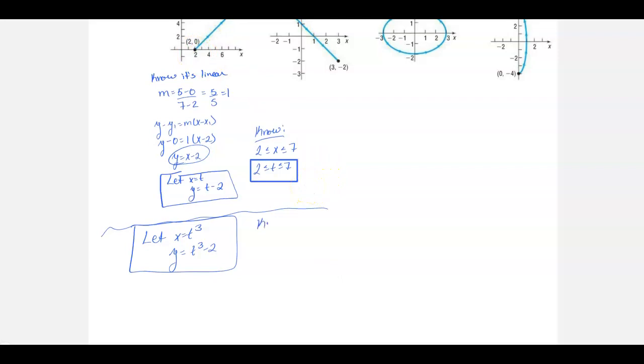So once again, we know that x is bounded between 2 and 7. And we said x is going to be equal to t cubed, so let's make that substitution. And then to solve for t, we would take the cube root of both sides.